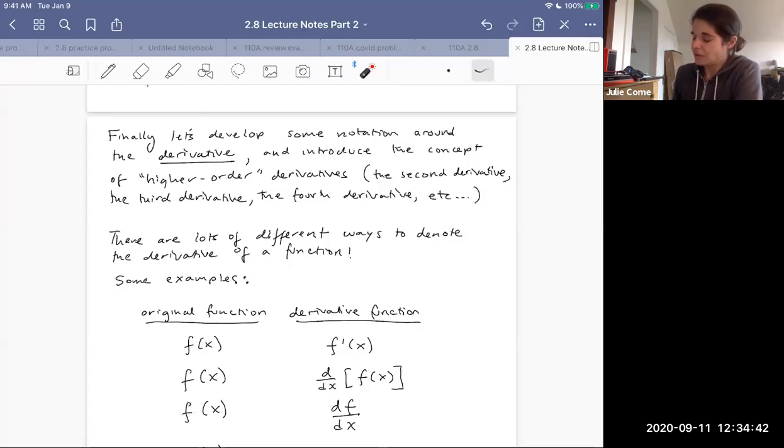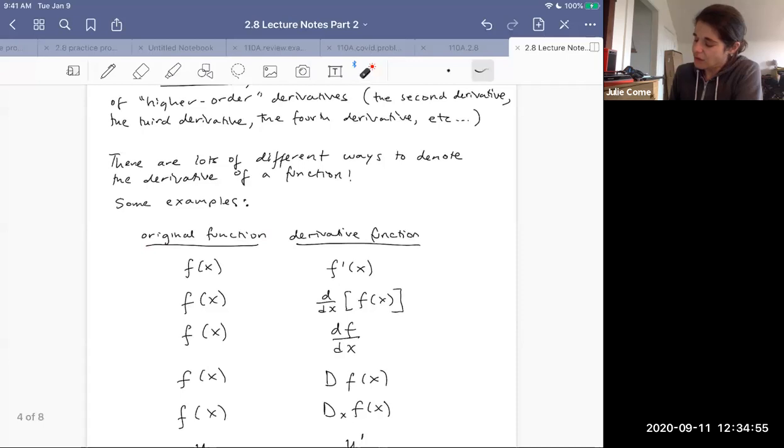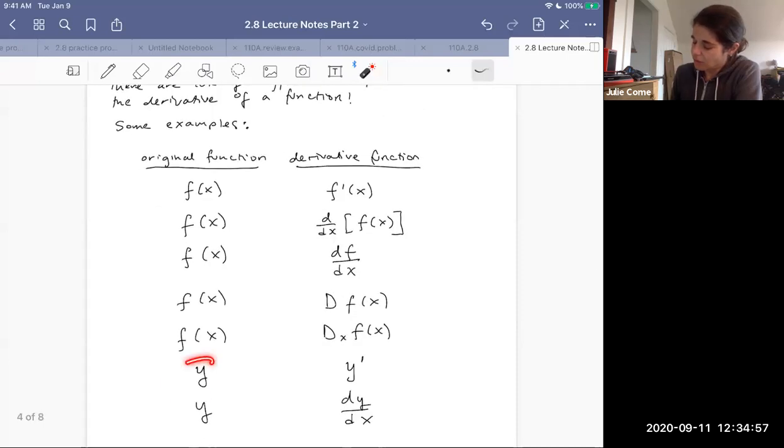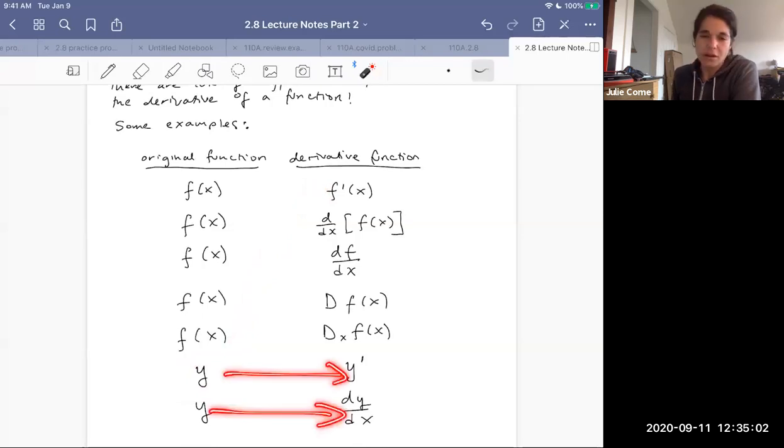In the list, I sort of put, if the original function is expressed like things in this column, then ways in which the derivative function might be expressed are the things in this column. So in general, if you see this, you're not going to see this derivative notation. You're going to see this or this, okay?